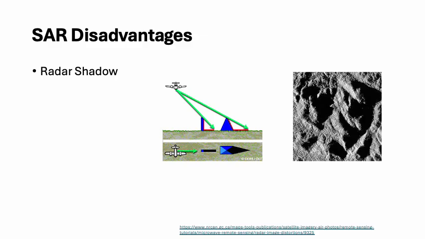Radar shadow occurs when the radar beam is not able to illuminate the ground surface. Shadows occur in the downrange dimension behind vertical features or slopes with steep sides. Since the radar beam does not illuminate the surface, the shadowed region will appear dark on an image as no energy is available to be backscattered.